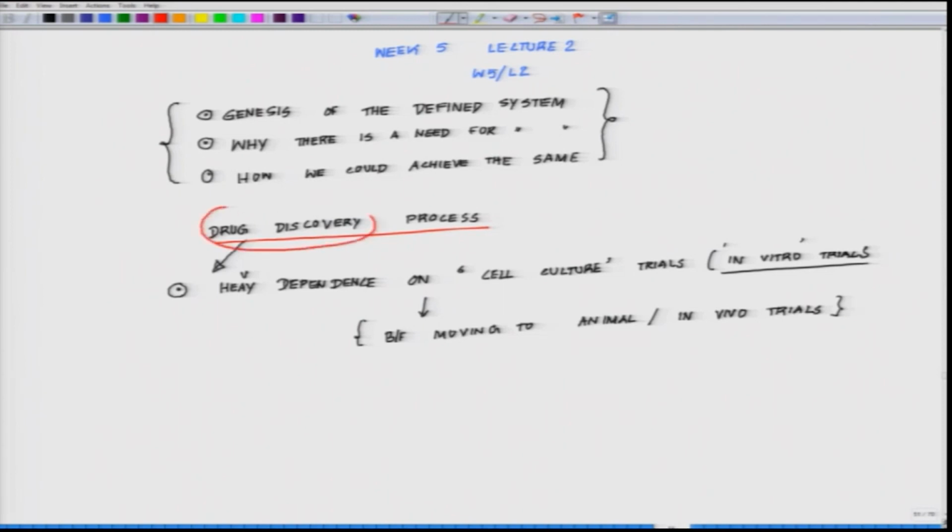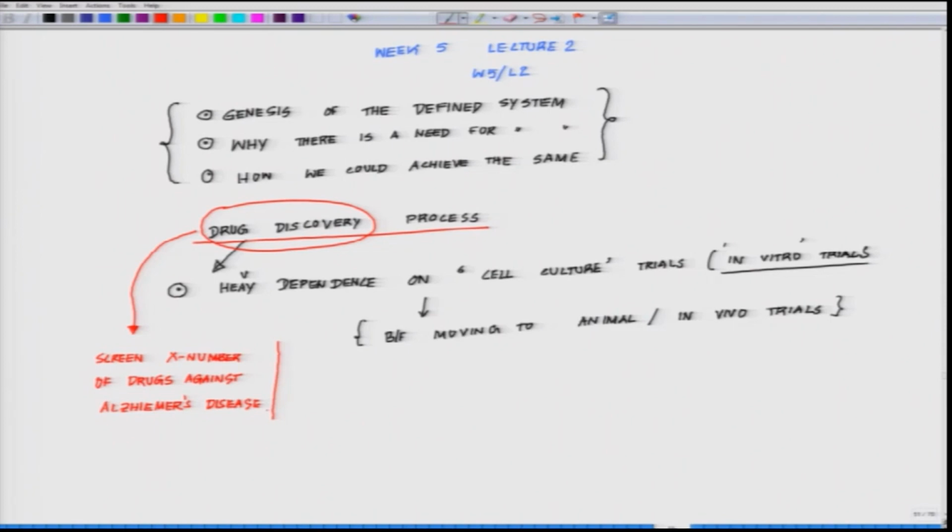In the drug discovery process, the goal is now to screen some X number of drugs against Alzheimer's disease.